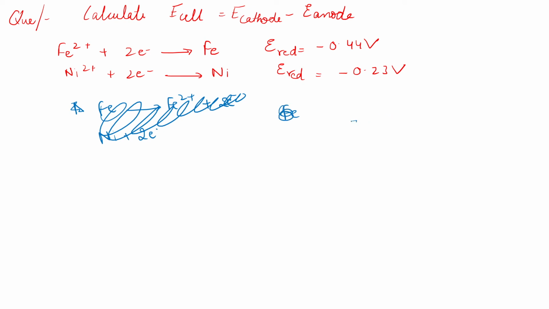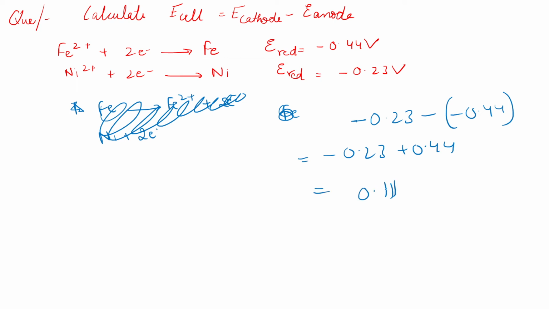So overall you are supposed to say E is minus 0.23 minus minus 0.44, that is minus 0.23 plus 0.44. The value will come out to be 0.21 volts.